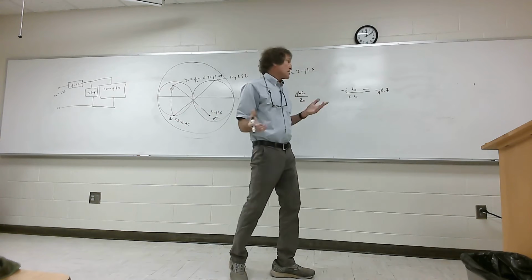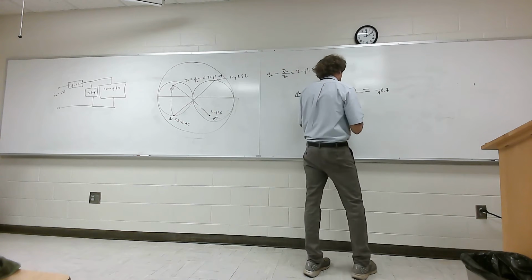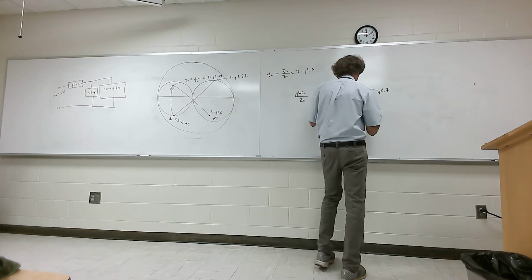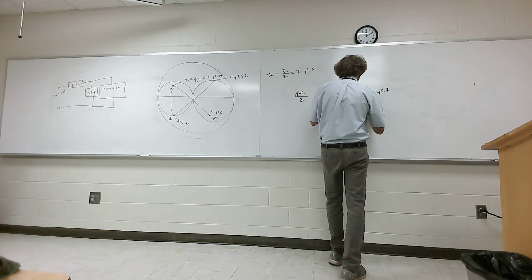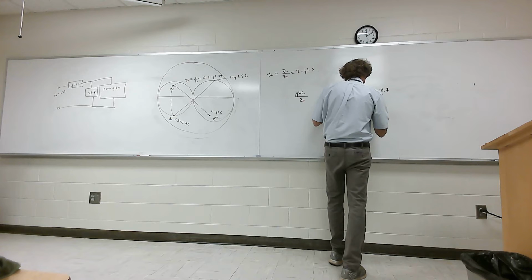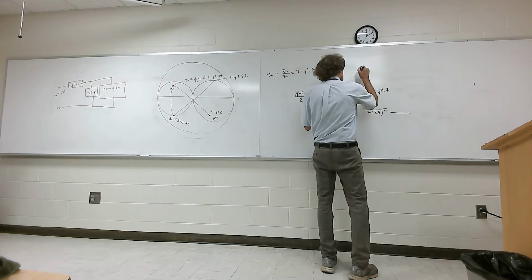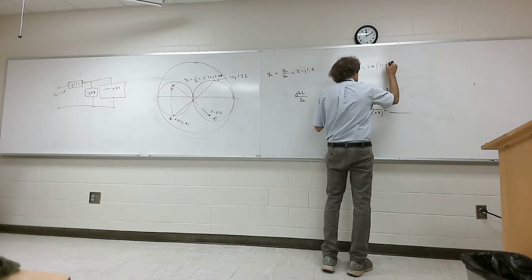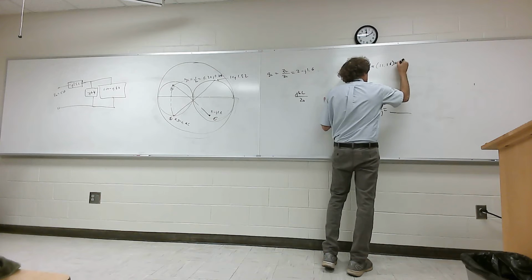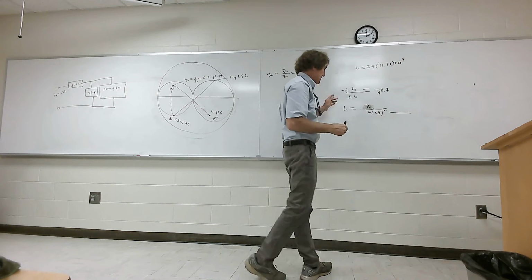Okay. Now I'm going to figure out the value for L. L is going to be equal to Z0 over omega, divided by 0.7. And here, omega is just 2 pi times 11.18 times 10 to the 9th, and Z0 is 50.